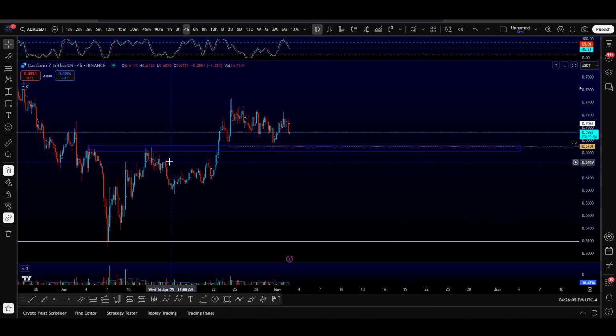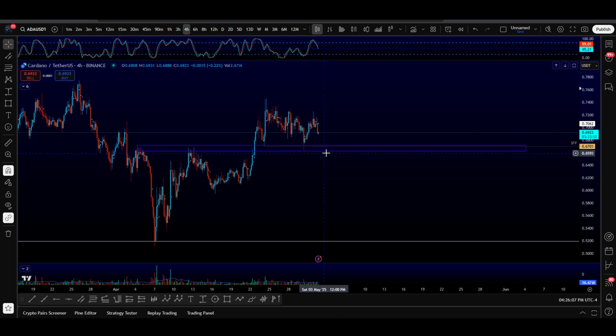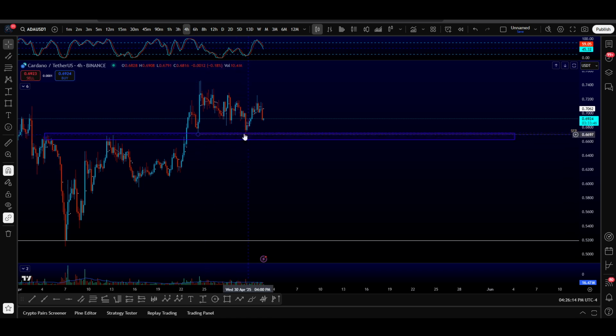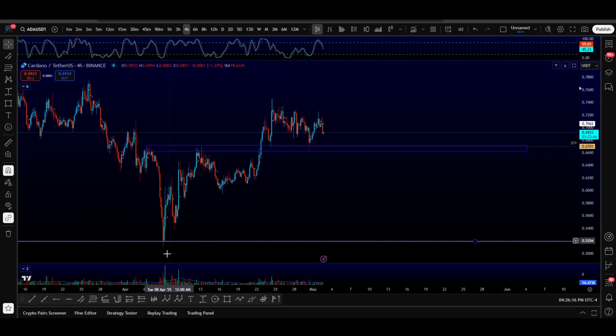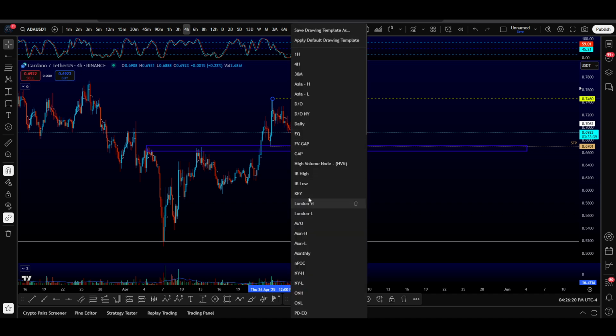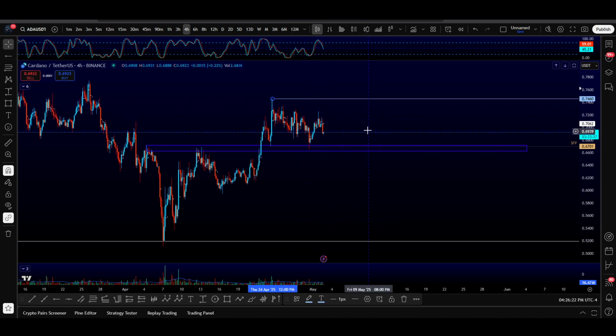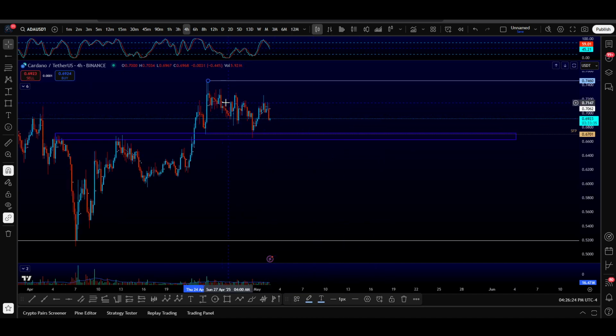One thing to keep in mind, so that's a good sign. So I don't really expect it to continue to start trading below 66 cents. We have a nice support here. We grab some liquidity of these lows. So I'd expect price to at least attempt to try and take out these highs at around 75 cents one more time. But as you can see, there is a little bit of weakness in the move.